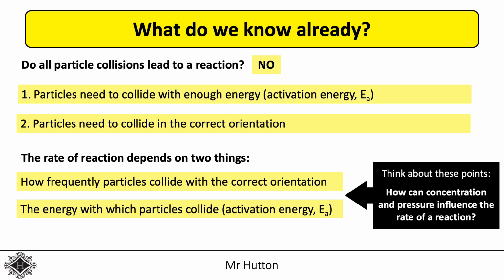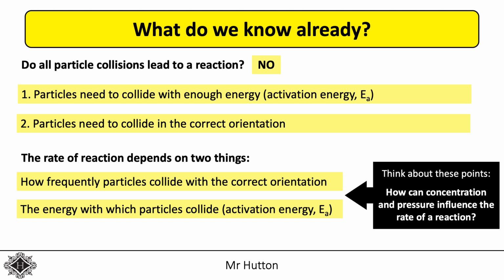So we then looked at rate of reaction, and there are two things that determine the rate of reaction. It's how frequently the particles collide, and also the energy with which the particles collide. Previously we've looked at surface area, where we changed how frequently particles were colliding.